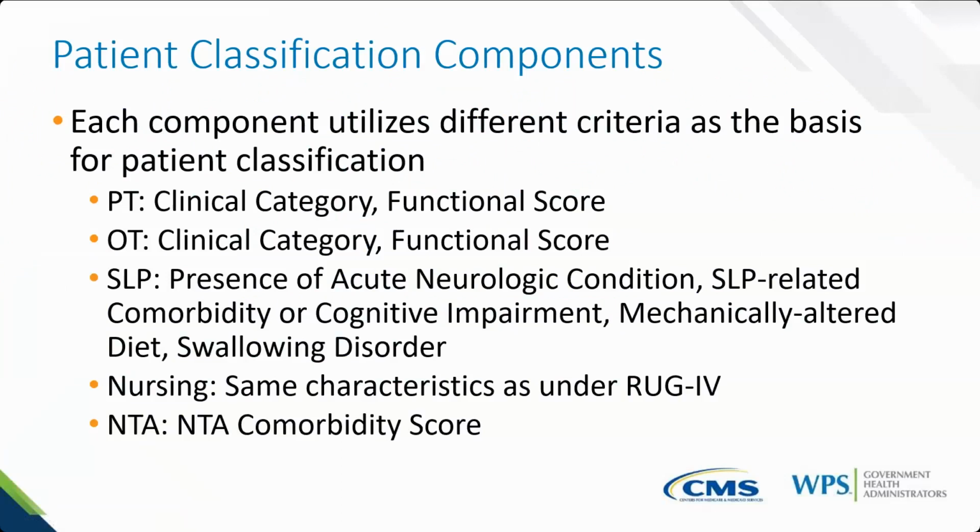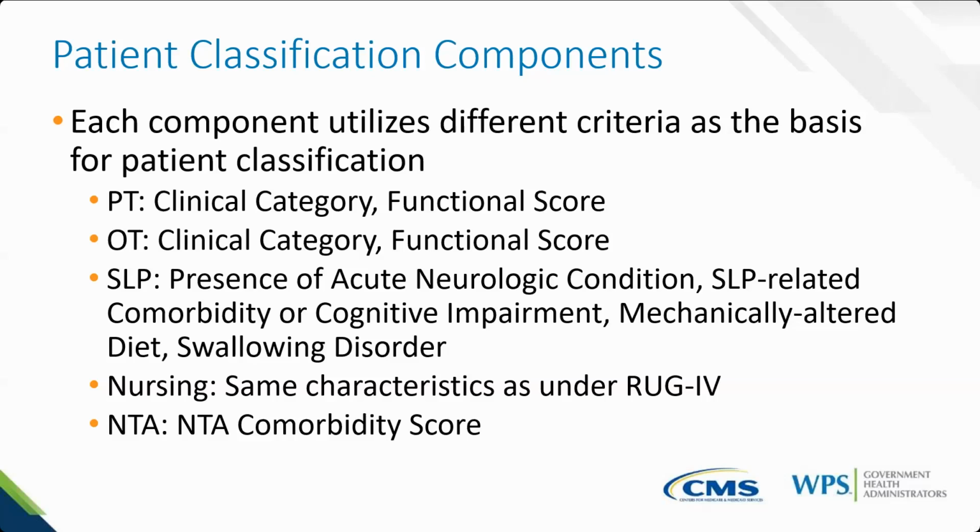All right, as you can see on this slide, each component utilizes different criteria as a basis for patient classification. This change really made the focus unique to the needs of the patient and the payment specific to the needs and the care of the patient. So as you can see, for PT and OT, it's clinical category and functional scores.